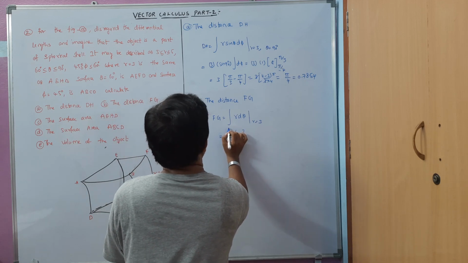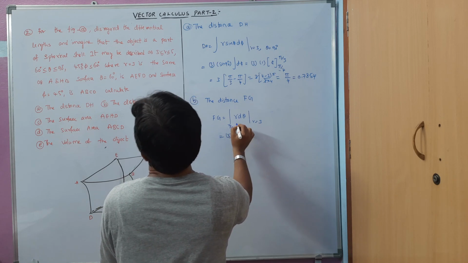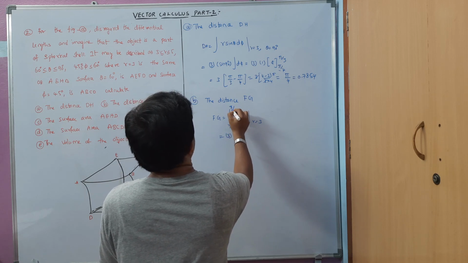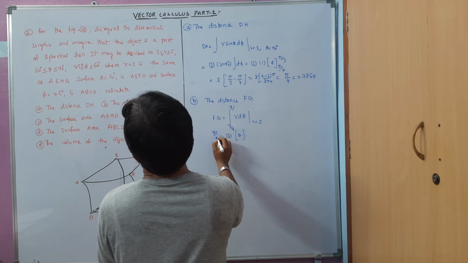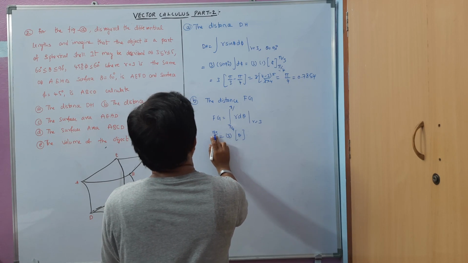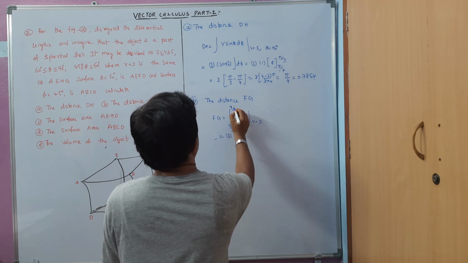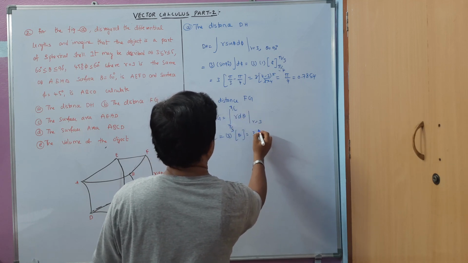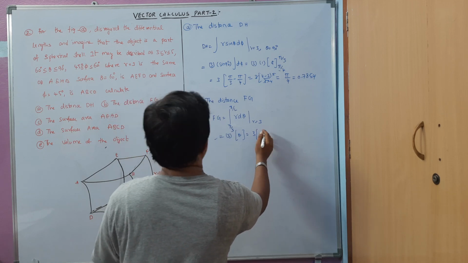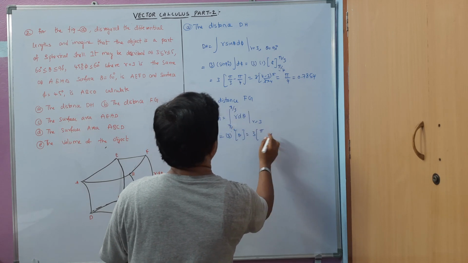This theta is varying from 60 degrees, which is pi by 3, to 90 degrees, which is pi by 2.